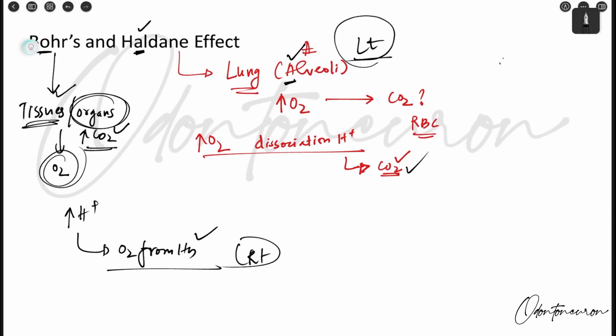Clear? In Haldane's, it promotes a release of CO2 due to the high level of O2. In Bohr's, it promotes a release of O2 because of the high level of CO2. Bohr's effect is related to the right shift of the dissociation curve, and Haldane's effect is related to the left shift of your dissociation curve. Clear?